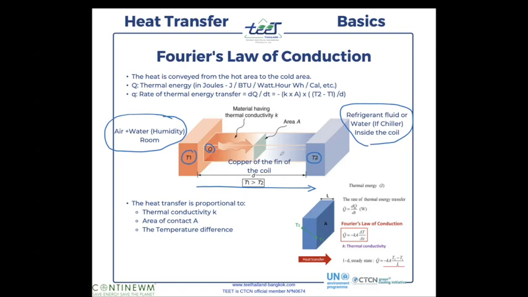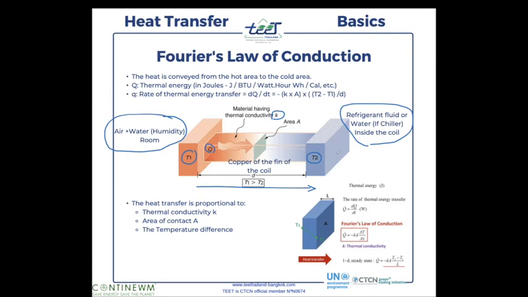So let's say we use copper. So we have a very good thermal conductivity K. So the heat for one section is transferred from the air and the water. We know more from the water because the coefficient K is different, to the inside part of the copper of the coil.